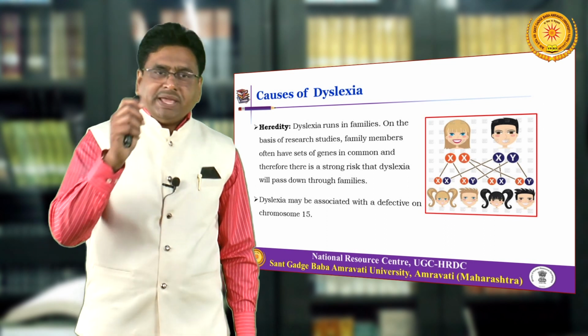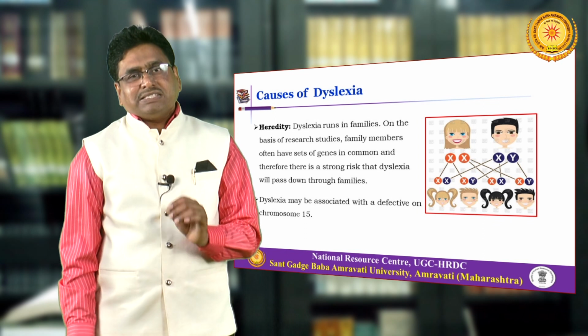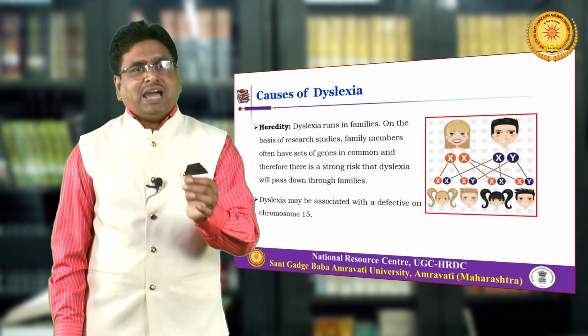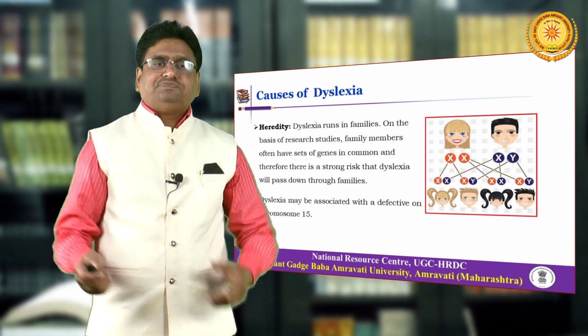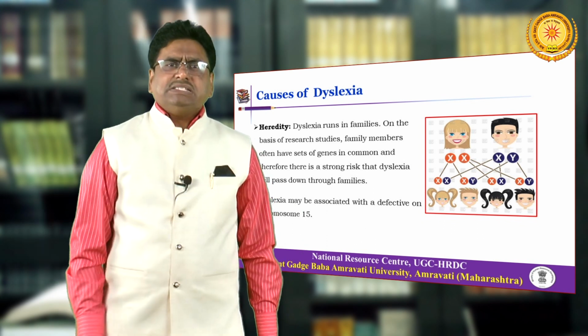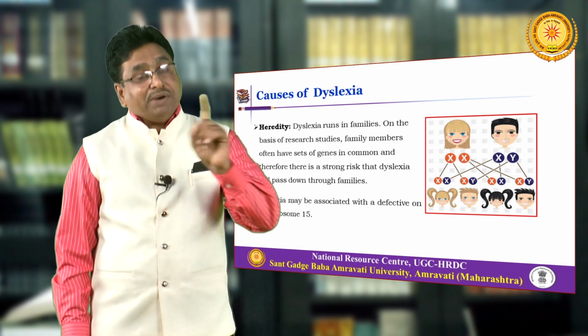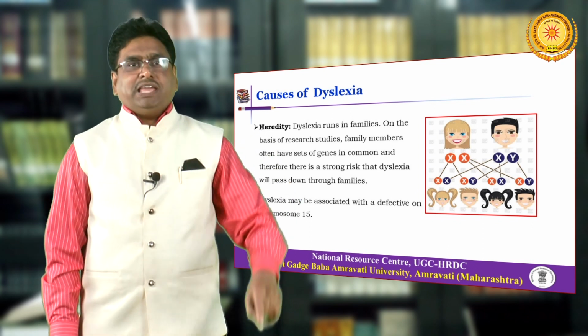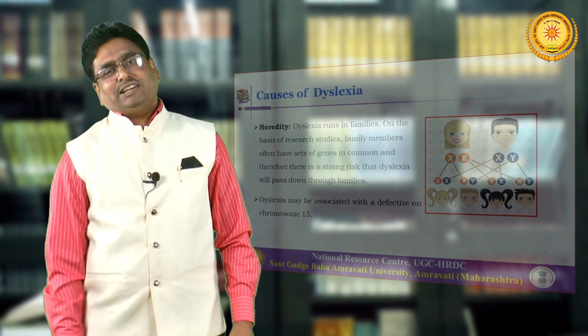So, if the parent had or still has difficulties with literacy, then their children are certainly at risk. Of course, it does not mean that their children will definitely have dyslexia, but the probability of them having dyslexia is much higher than for other children.